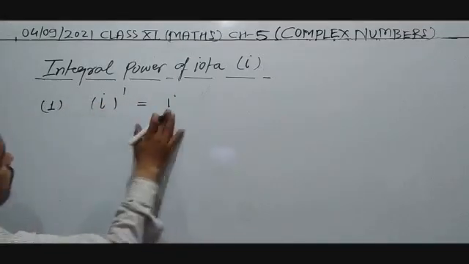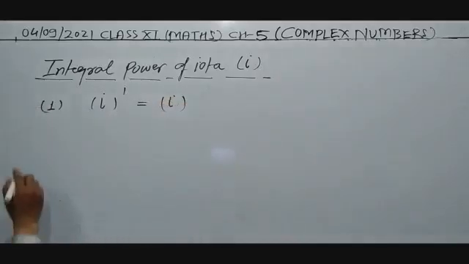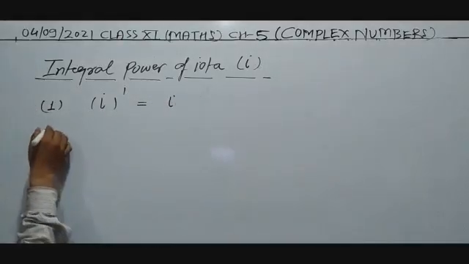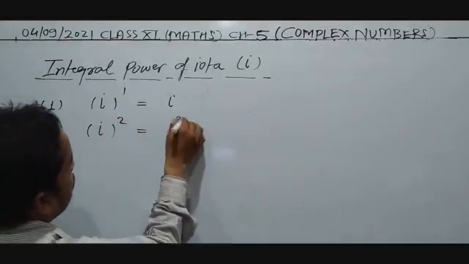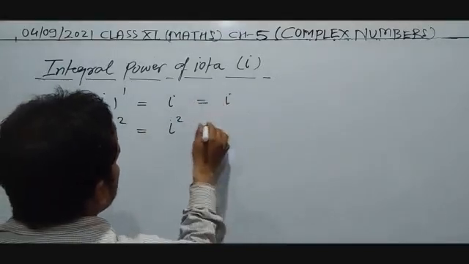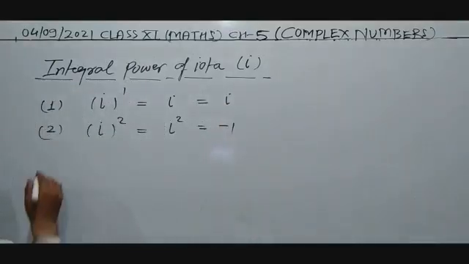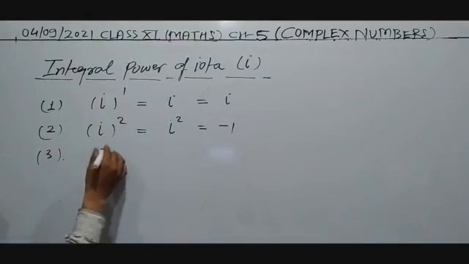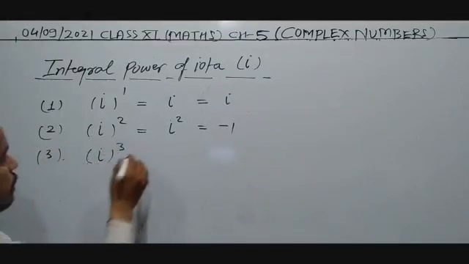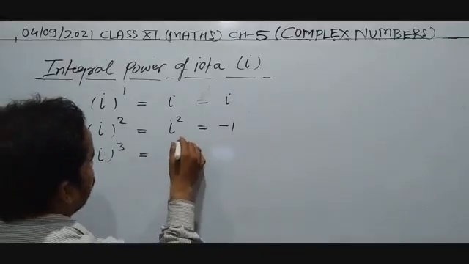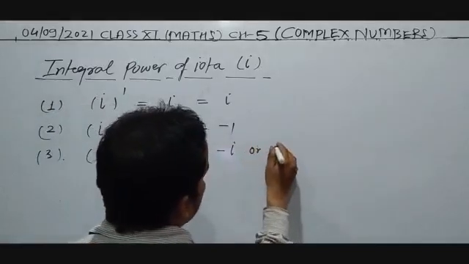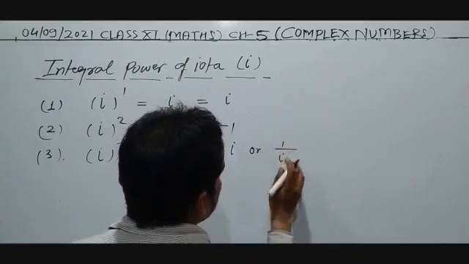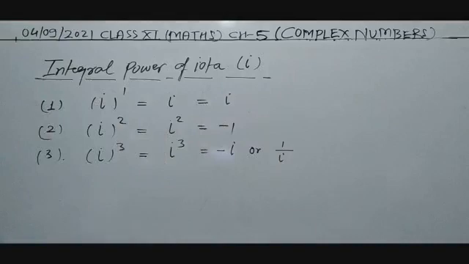The second value is i to the power 2, that is i squared, and its value is -1. The third value is i to the power 3, that is i cubed, and its value is -i or 1 upon i.